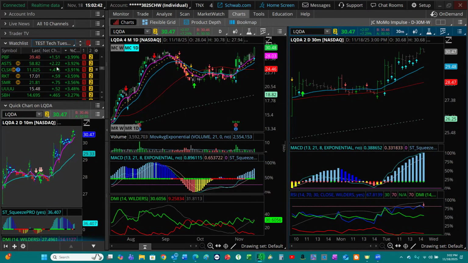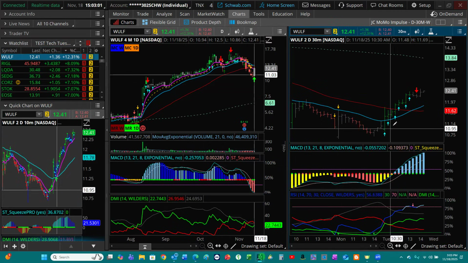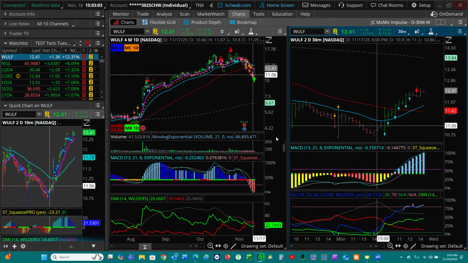These are all of the short squeeze candidates that are also in the relative outperformers list. And notice now I've got the little yellow button right here on the right. If I click on that, I can see Wolf. You see it's got a green bar here on the daily chart. It's got momentum arrows on the 30-minute chart.